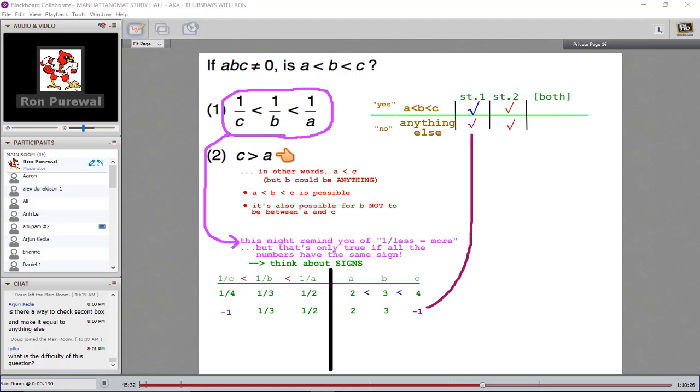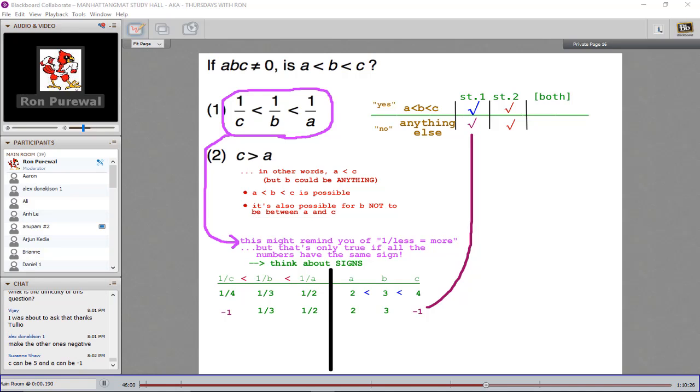C has to be greater than A. What does that mean? The only answer that I will ever give to what is the difficulty level is no one cares.